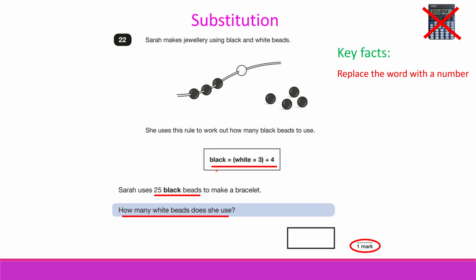So your key facts: you need to replace the word with a number. In this case, you're told you've got 25 black beads, so you replace the word with the number. Then you've got to work out the answer. You need to know your number families. The opposite of adding is subtracting.